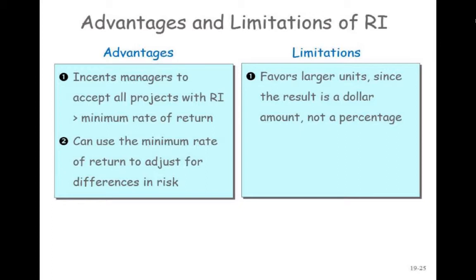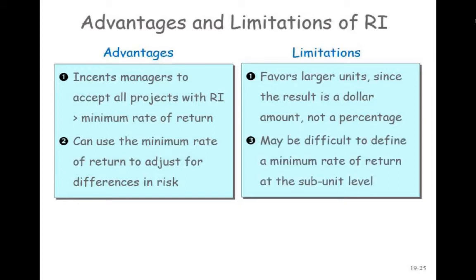So a larger unit with a larger profit that may actually be a lower percentage with ROI would be favored because it's larger. And then this is just a complexity issue: companies might have different required rates of return for subunits, and you need to have somebody figure that out.